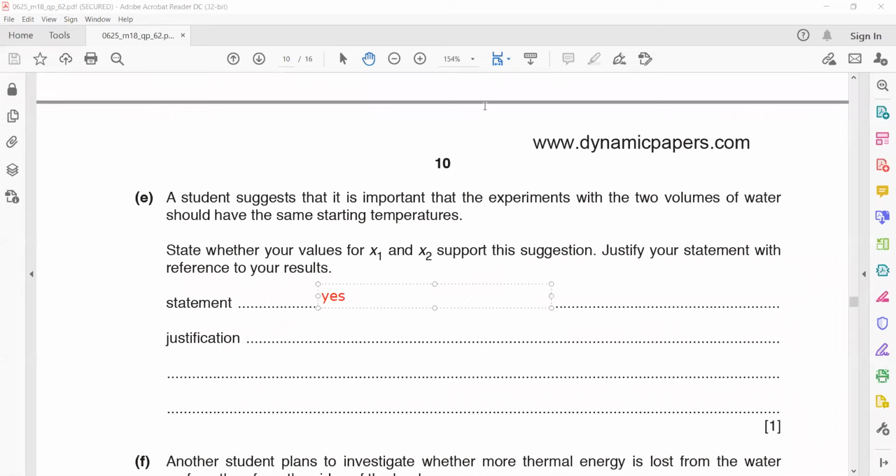And you can justify with the value of x1, the rate of cooling was 0.094, and x2, the rate of cooling is 0.067. When it started at 89, this was the rate of cooling, and when it started at 80.5, the rate of cooling is different. So the student statement is true, that the initial temperature of the water affects the rate of cooling.